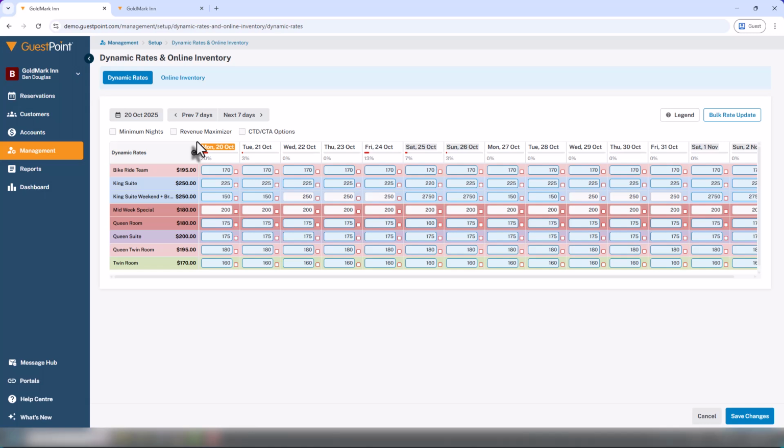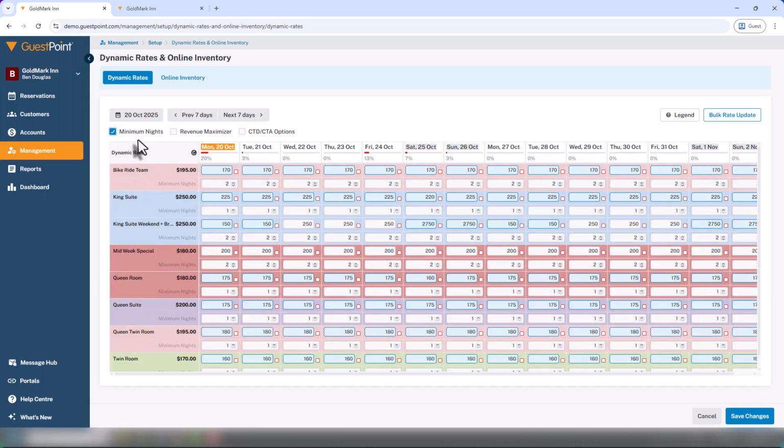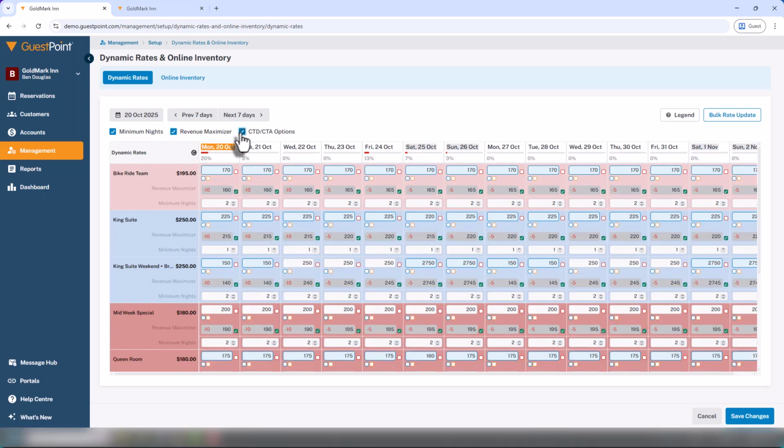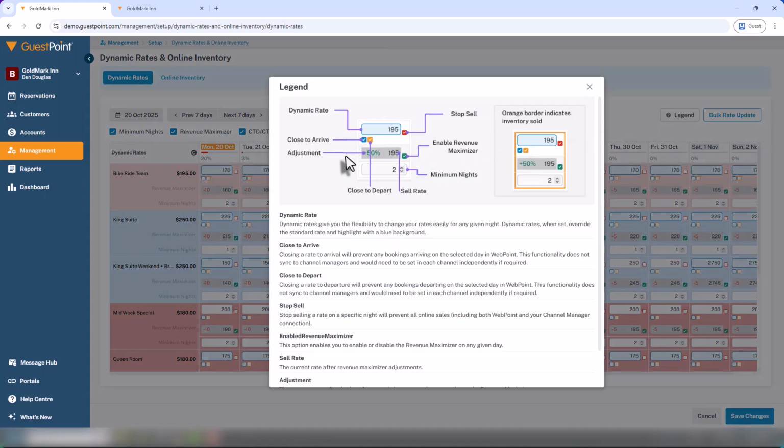Within that same window, we can check whether we've got a minimum night stay restriction, see if the Revenue Maximizer has been activated and what effect it's having, and see if close to departure or close to arrival options have been activated. There's a really helpful window here, the legend, which will explain exactly what's going on on this page.